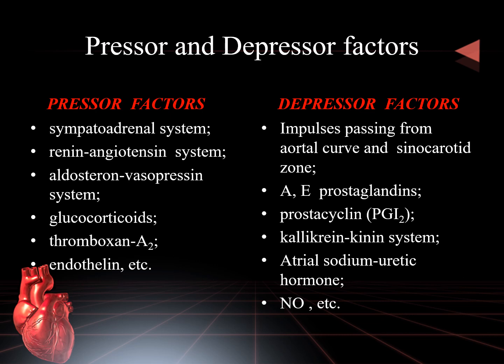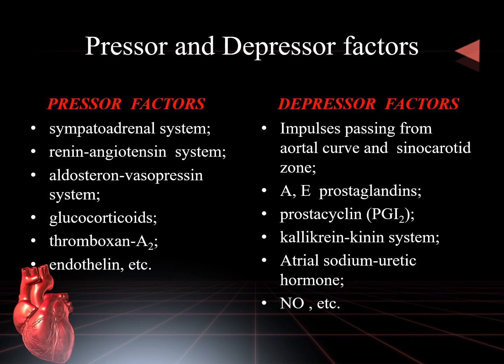The difference between systolic and diastolic blood pressure is called pulse pressure. An increase in blood pressure is associated with a disturbance of the interrelation between pressor and depressor factors in the body. The pressor effect is provided by the sympathoadrenal system, renin-angiotensin system, aldosterone-vasopressin system, glucocorticoids, also thromboxane A2, endothelin, and others.